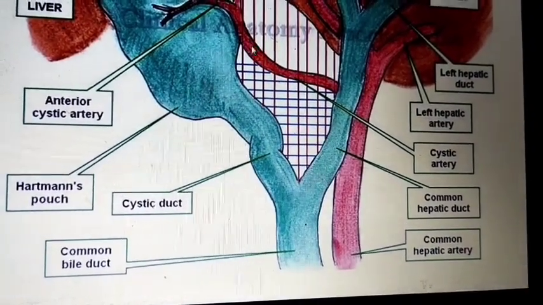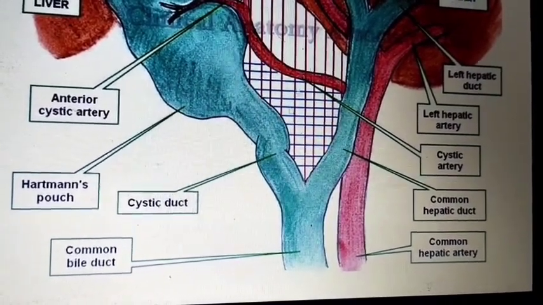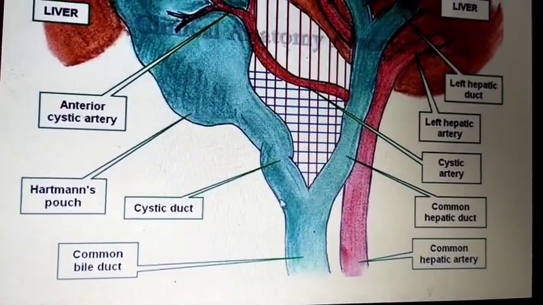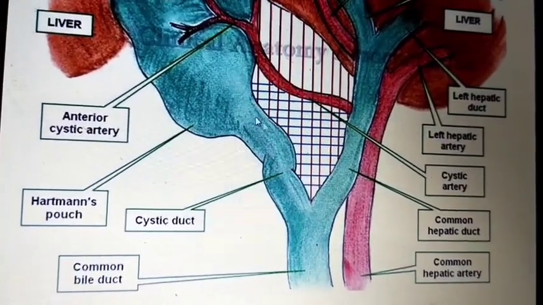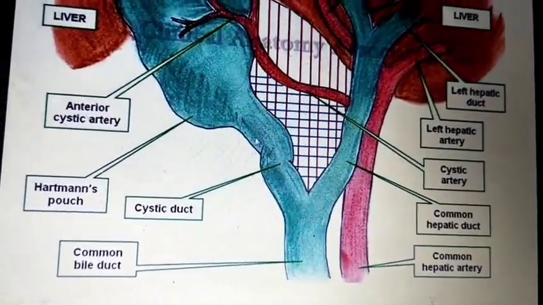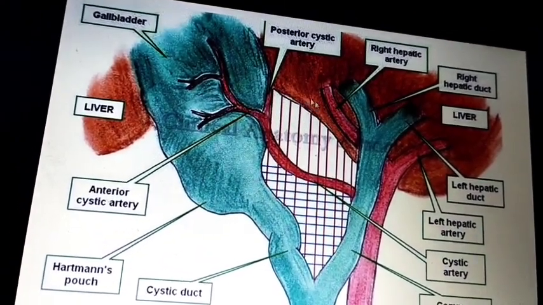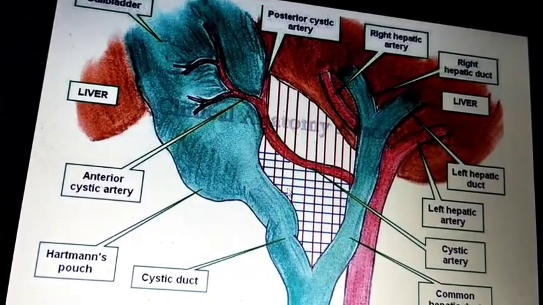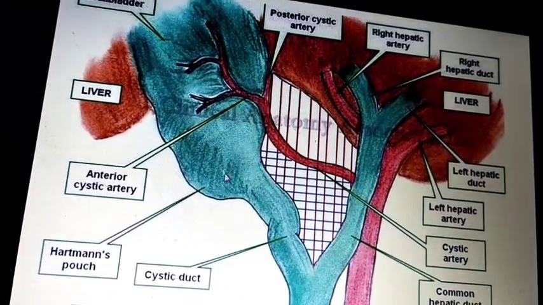How do you identify the cystic artery? By dissecting the cystic lymph node, you identify the cystic artery, ligate it, then ligate the cystic duct. Before ligating the cystic duct, you palpate it, because if any stone is there, you can detect it. This is the anatomy of Calot's triangle, or the hepatocystic triangle.